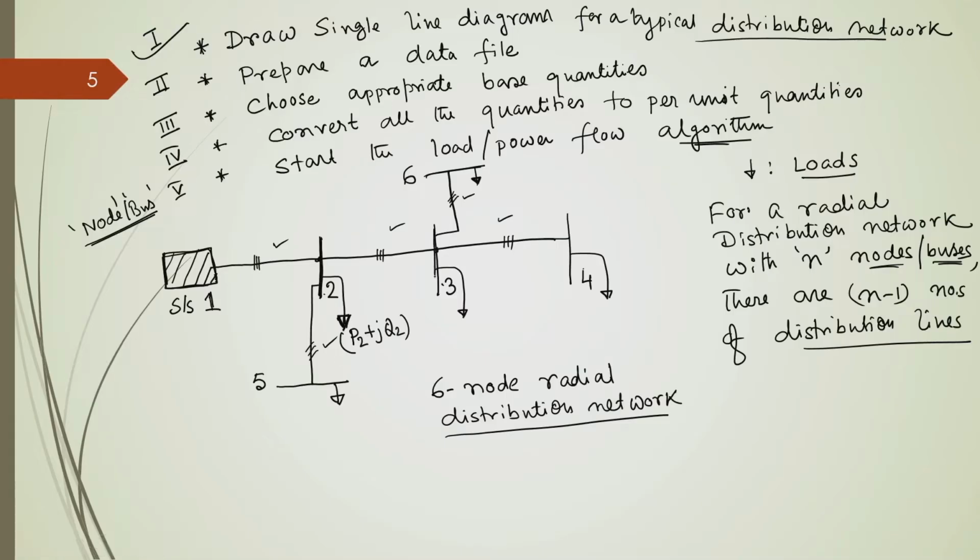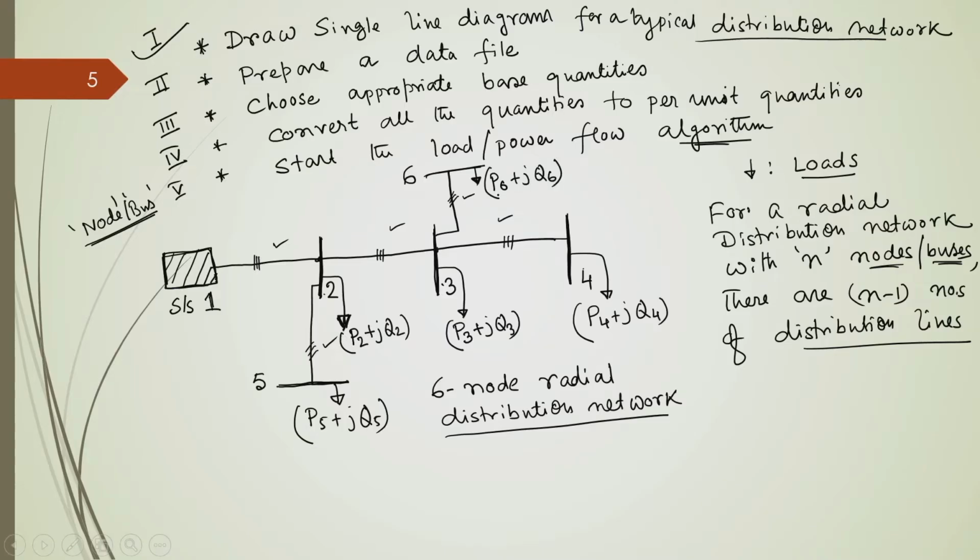Similarly, at node 3, the active and reactive power demand can be represented as P3 plus jQ3. Similarly, at node 4, P4 plus jQ4. At node 5, P5 plus jQ5. And at node 6, P6 plus jQ6.